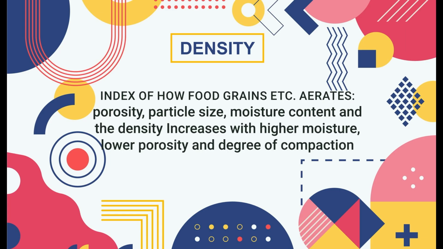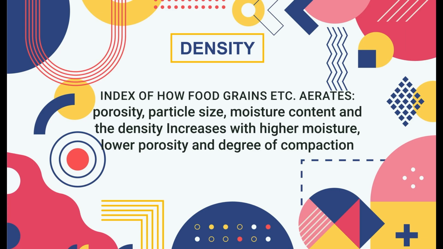Now, as an index of how loosely the food grains are aerated, bulk density will depend on porosity, particle size, moisture content and density. It increases with the moisture. If the moisture level is high, then the bulk density will increase. If porosity is low, bulk density will increase. But if it is more porous, the bulk density will go down.